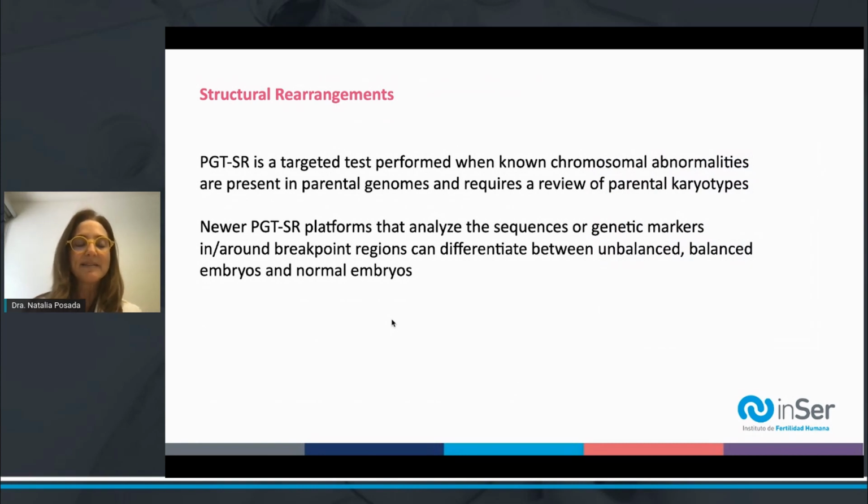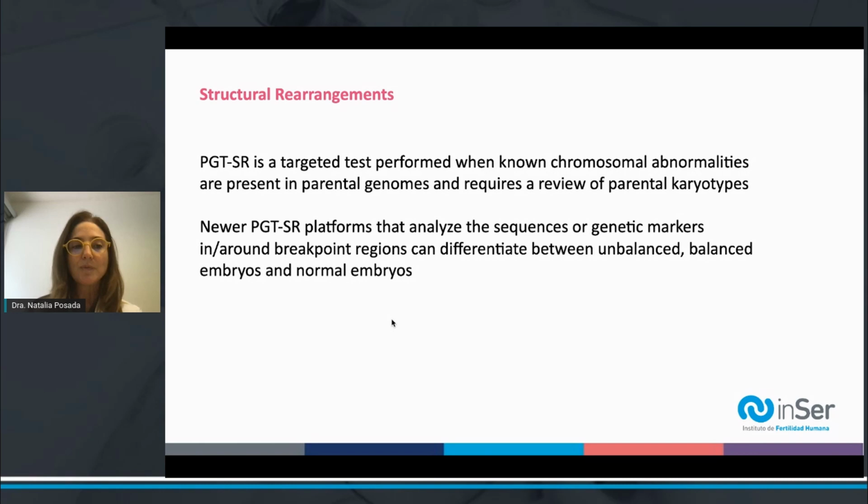The genetic test that is used for structural rearrangements is called PGT-SR, not PGT-A, because it's a targeted test when the chromosomal abnormalities present in the parental genomes are known.